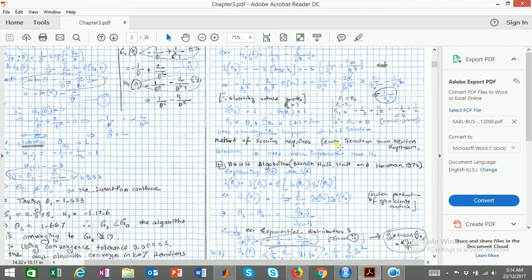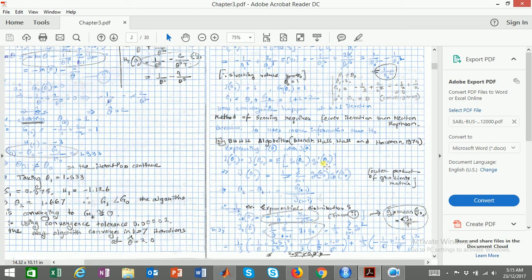BHHH algorithm. BHHH stands for Berndt, Hall, Hall and Hausman, 1974. This algorithm uses the information matrix in the equations to express the information matrix as I theta equal to J theta. J theta is simply the outer product of the gradients matrices.